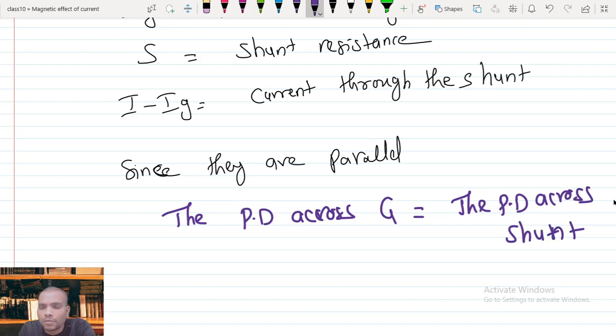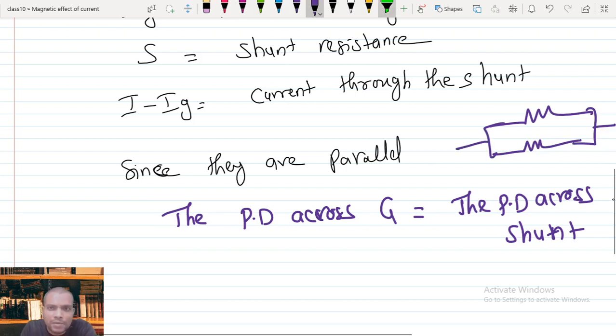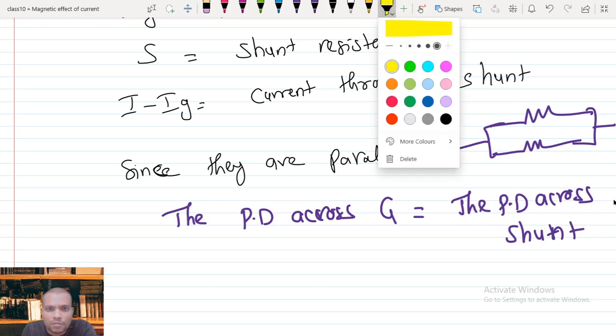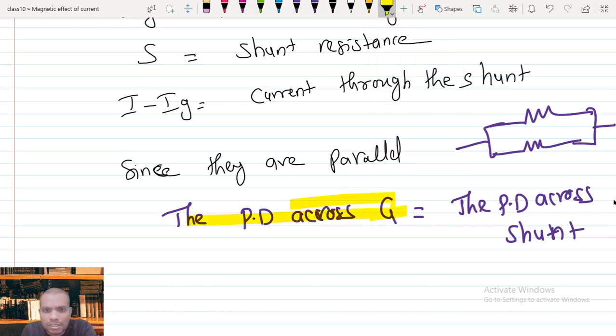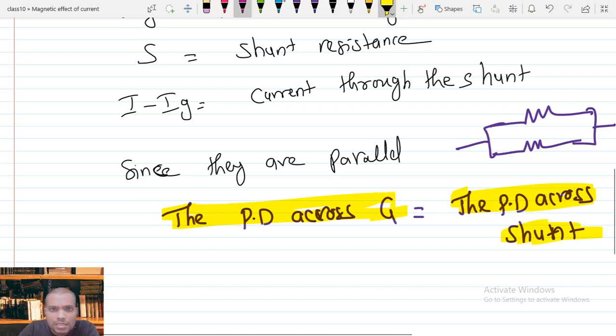We know this, because when resistances are connected in parallel, the potential difference remains constant across the two resistors. So this happens in any parallel combination. So the potential difference across G, the galvanometer, is equal to the potential difference across the shunt. Now we know the resistances and currents.